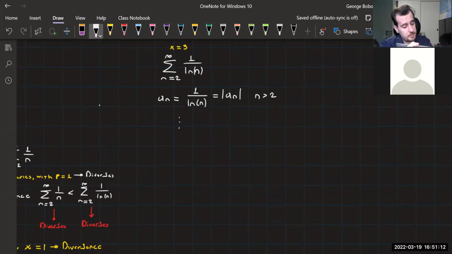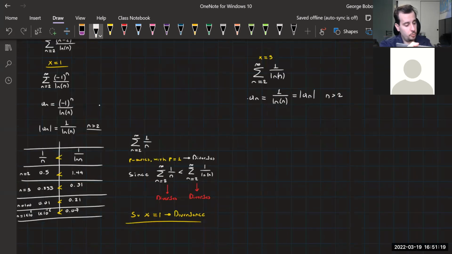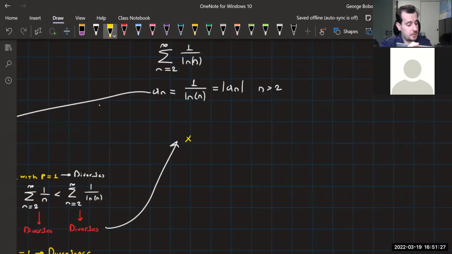And so with the same steps, we've proven again that it diverges. So we can claim again, x equals 3 also makes this diverge.